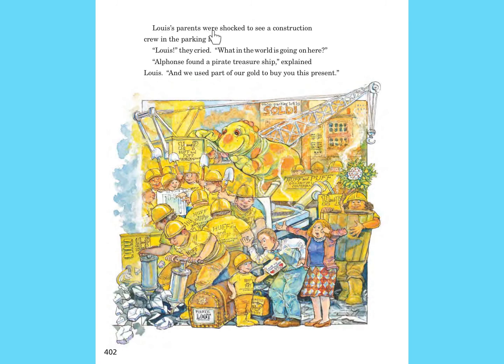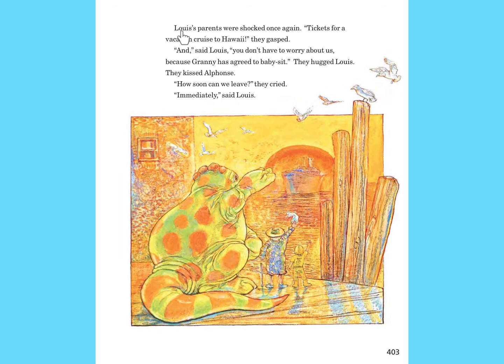Lewis's parents were shocked to see a construction crew in the parking lot. "Lewis," they cried, "what in the world is going on here?" "Alphonse found a pirate treasure ship," explained Lewis, "and we used part of our gold to buy you this present." Lewis's parents were shocked once again.